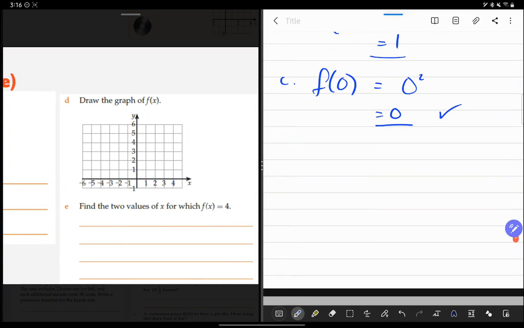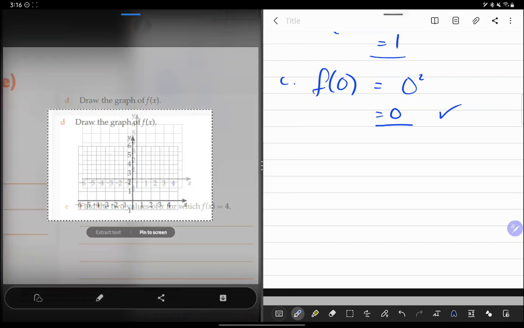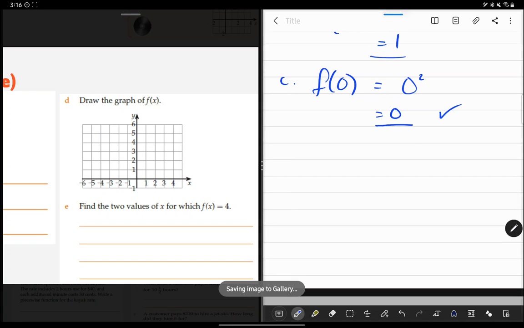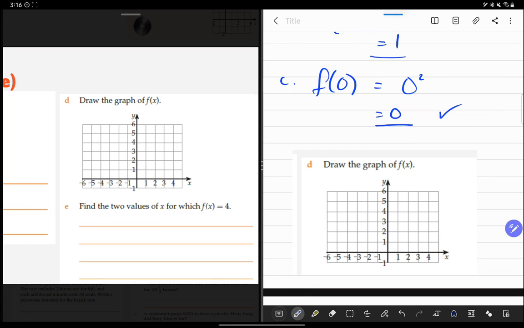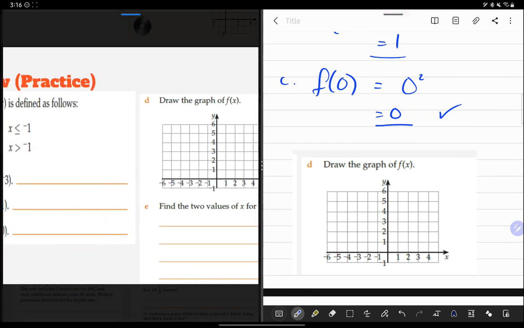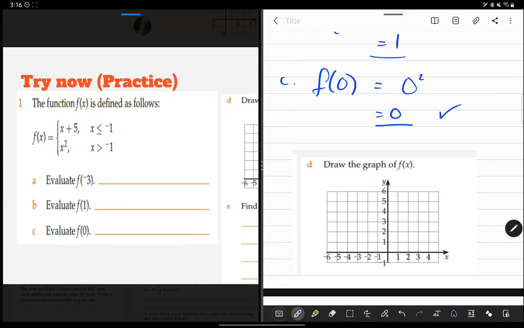Now, next one. Again, okay, let me just quickly copy and paste it here. Now draw the graph of this function. Now going back to this function here, we know the cut line is going to be right there at -1. You can see that on the equation.